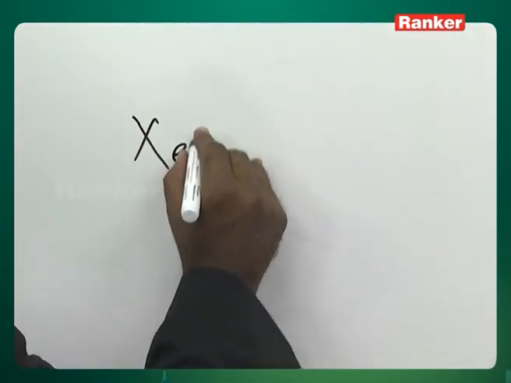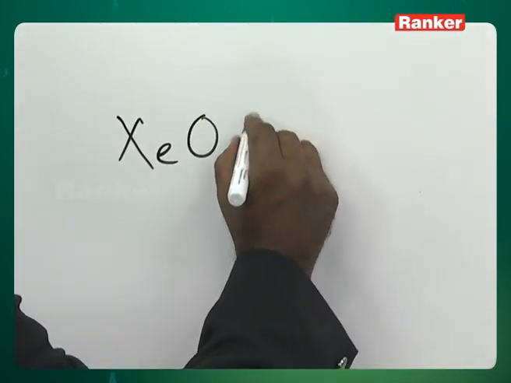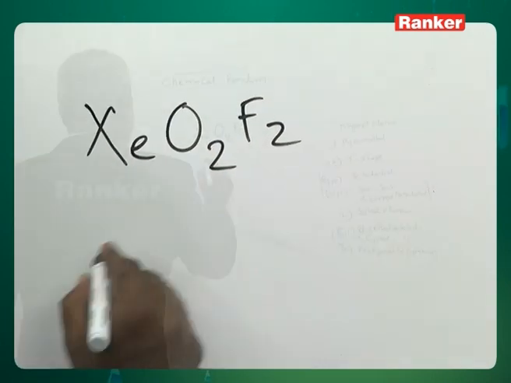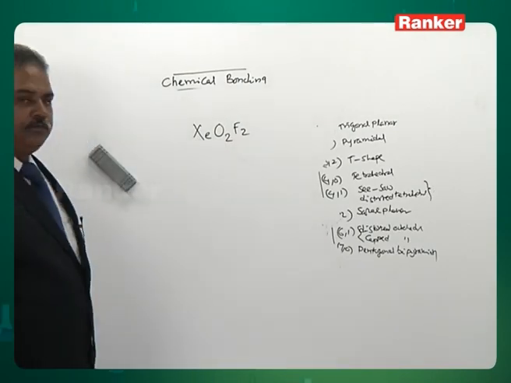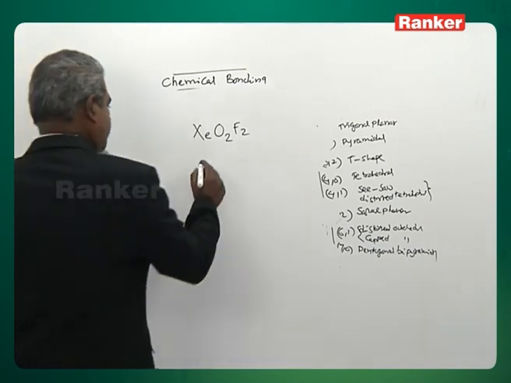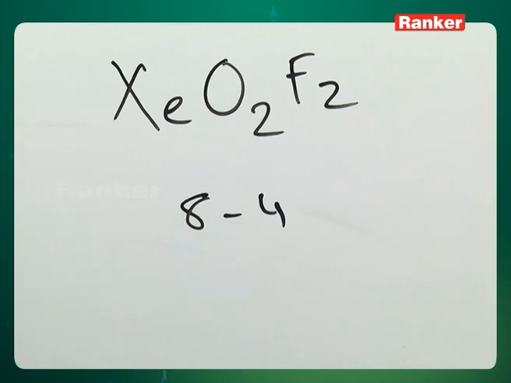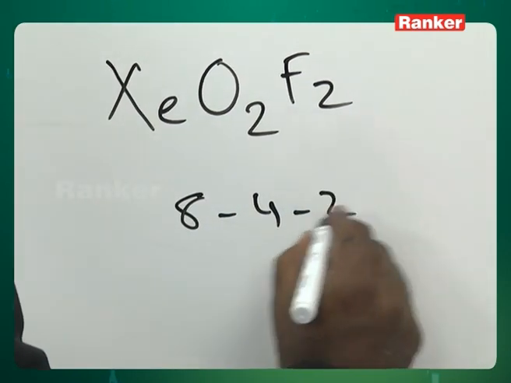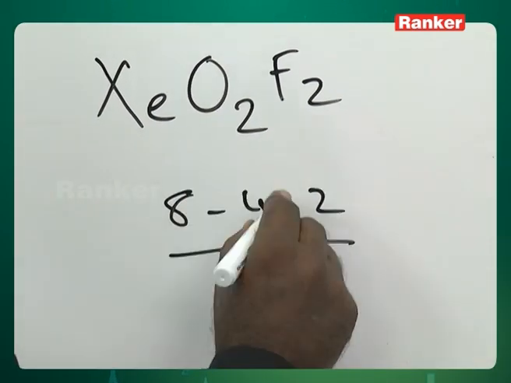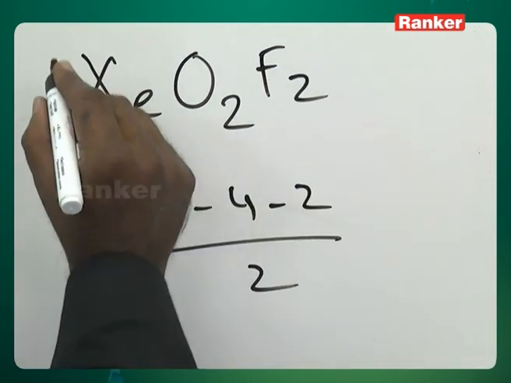How to find out? First the lone pairs. First things first. 8 minus 4. What is this 4? 4 electrons are used by oxygen. 8 minus 4 minus 2 by 2. There is one lone pair.